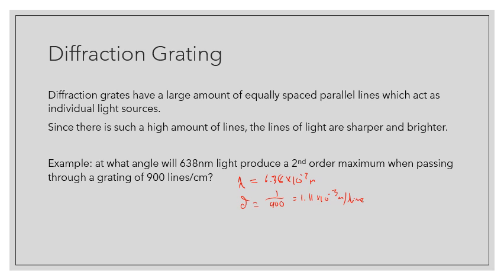And we know that m is 2, so we have this equation, sine theta is equal to m lambda over d.